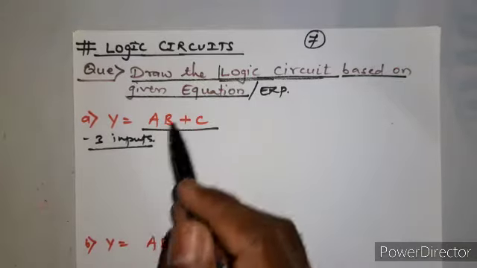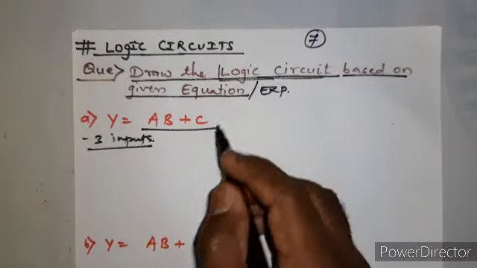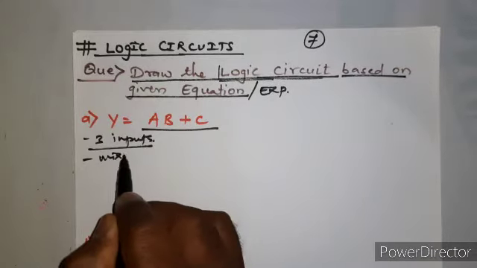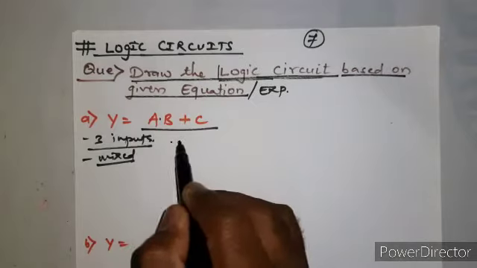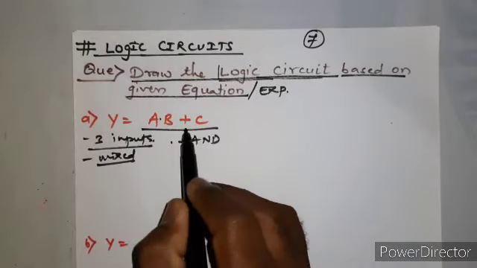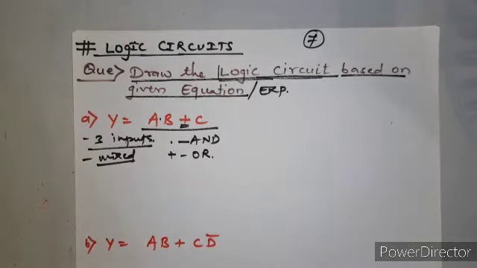If you see here, this expression or equation is a mixed one, because we have this dot here. Dot represents an AND gate, and this plus represents an OR gate. So we have a mixed type of circuit.